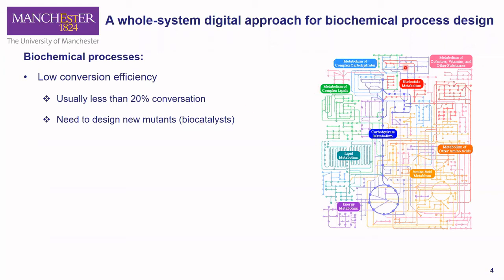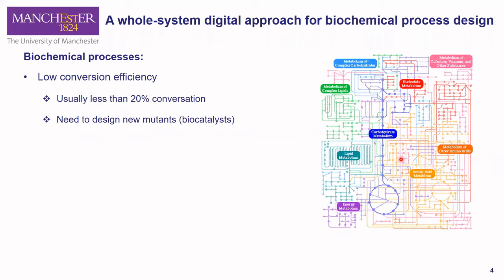So when microorganisms receive raw material like glucose or some other kind of sugar, it will convert glucose into our desired product through this metabolic network, but also at the same time produce lots of byproducts which are not desirable. As a result, only 20% of the sugars can be converted to useful product. The remaining 80% are wasted.